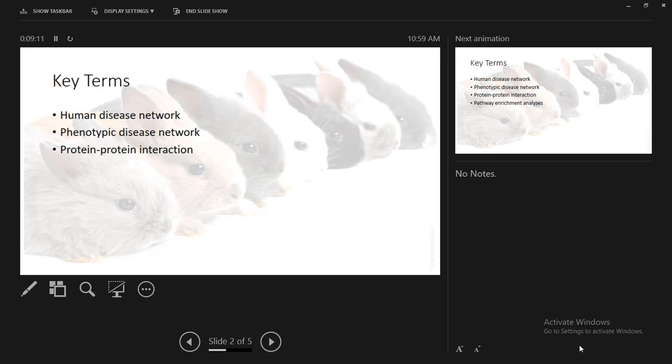Do you remember we finished off there on Wednesday? I had this nice little figure. We had genotype on the left, we had phenotype on the right, and right in the middle was a network where you had a node removed. Well, what protein-protein interactions do, these are these edges, right? These are the edges in our graphs, in our maps.